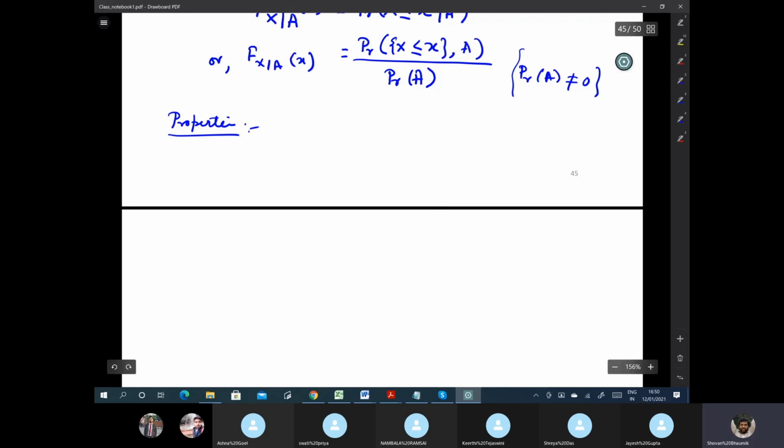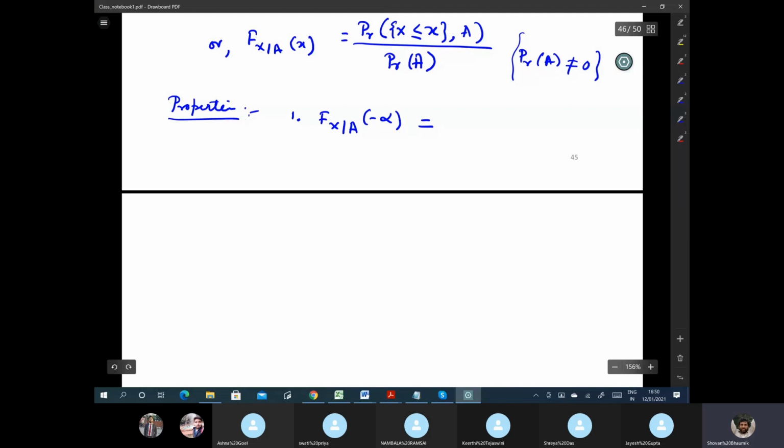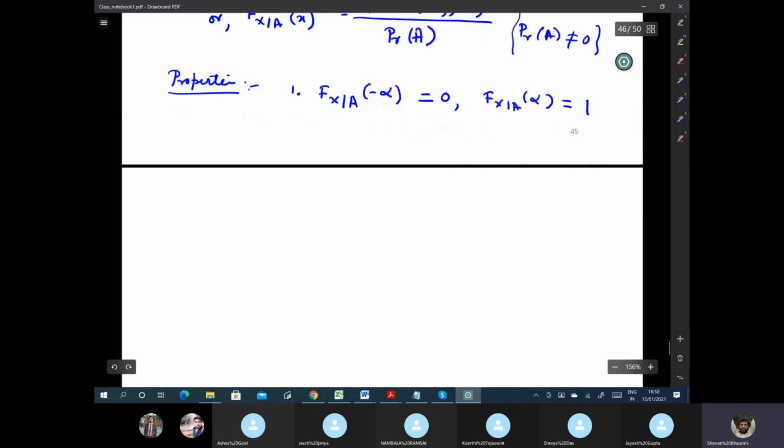Now let's look at the different properties. One, F of x given A at minus infinity, what will it be? Tell me quickly. 0. Yes. Whether it is conditional or not, it is a CDF, right? So it will follow the CDF, 0. And F of x given A at infinity will be 1. The second is that it will be between 0 and 1: F of x given A at small x is less than or equal to 1.